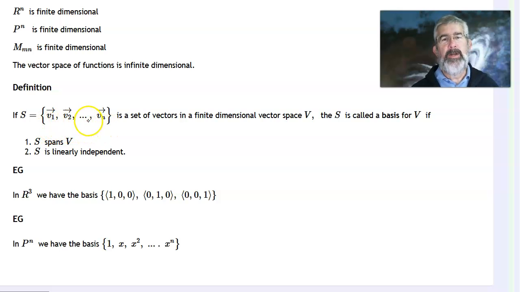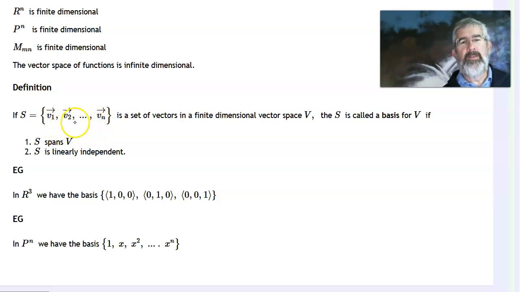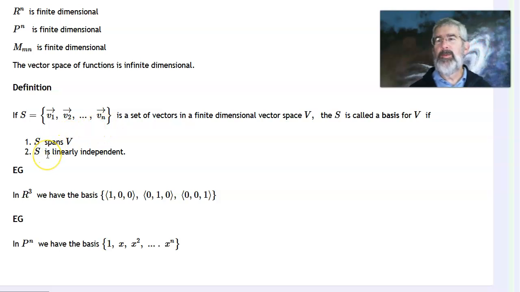You can't make one a linear combination of the others. If you could, then you could throw it away. And again, this we'll discuss further, and have a smaller set. So this essentially whittles it down to as absolutely small as possible.